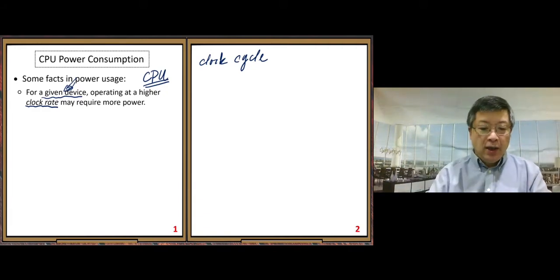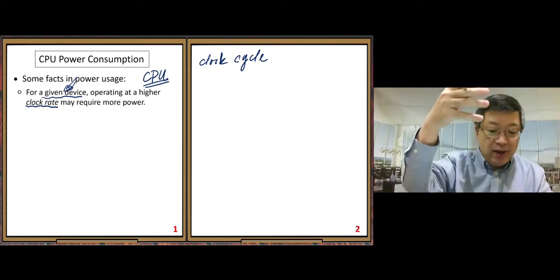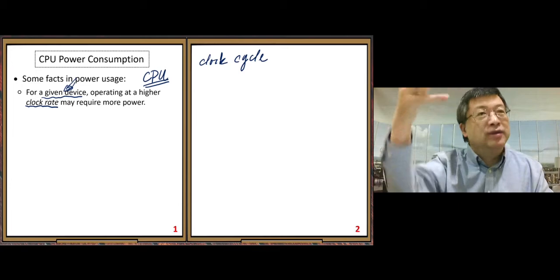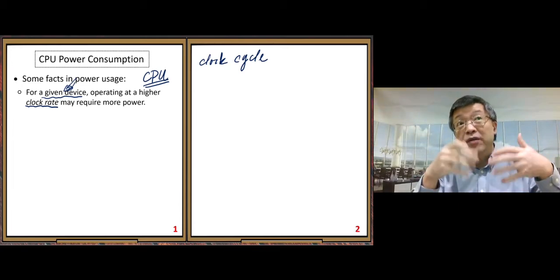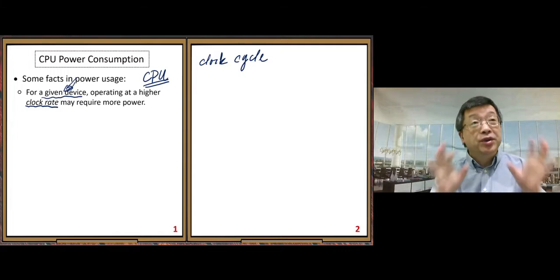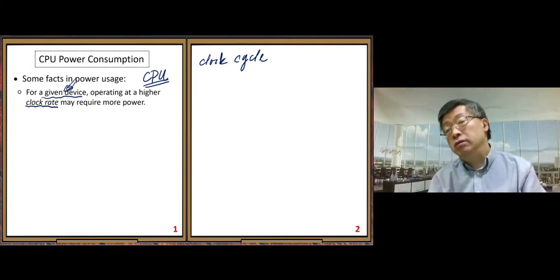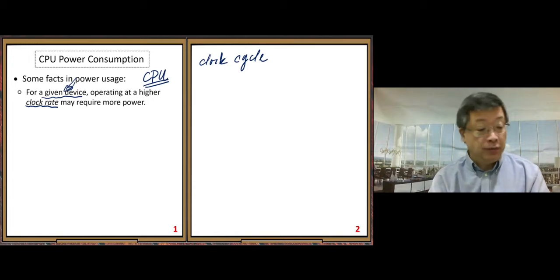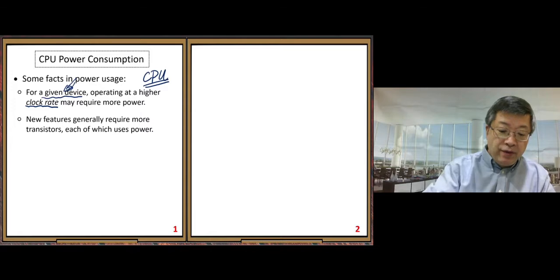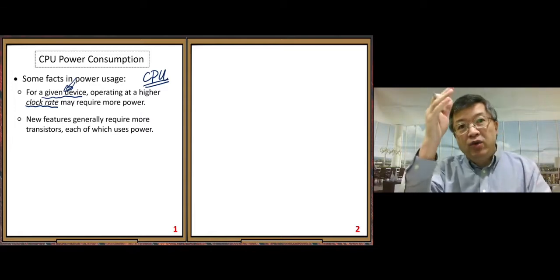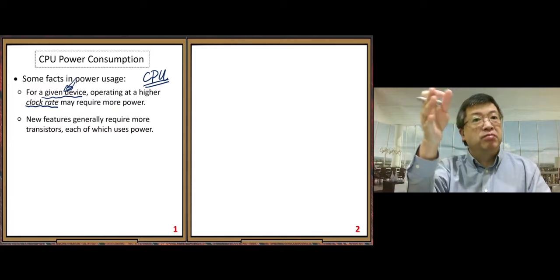All right. Operating at a higher clock rate may require more power. That's pretty natural, because if you want to run faster, you want to do more work, right? You need to consume more power. All right. New features generally require more transistors, each of which uses power.